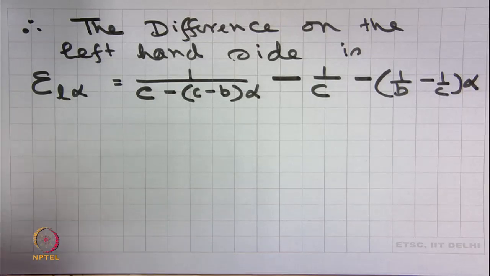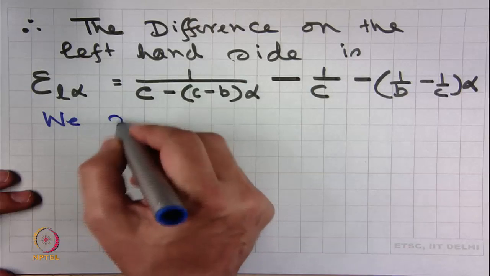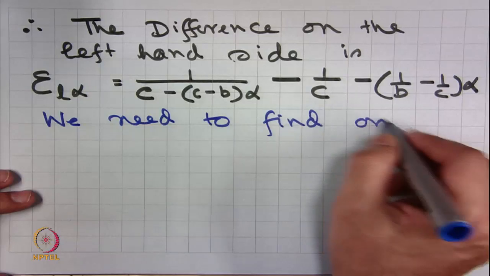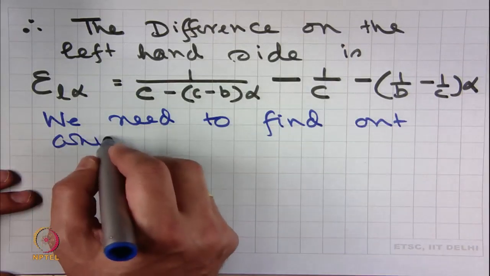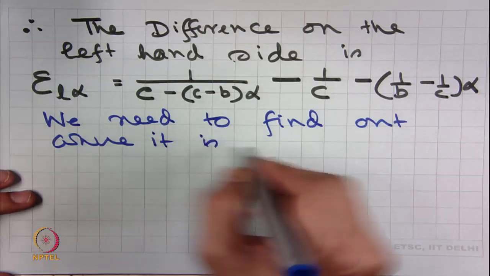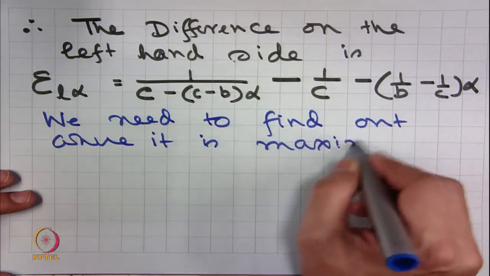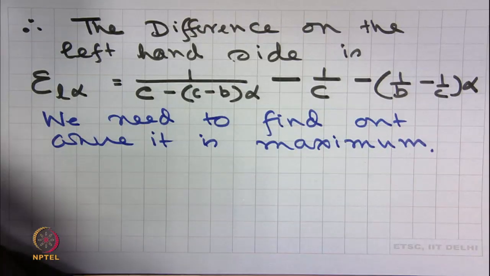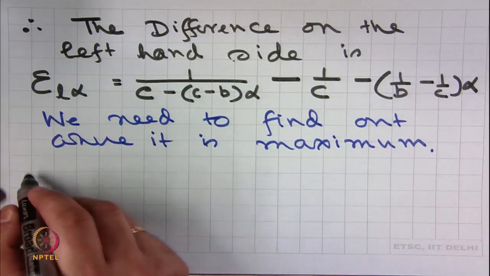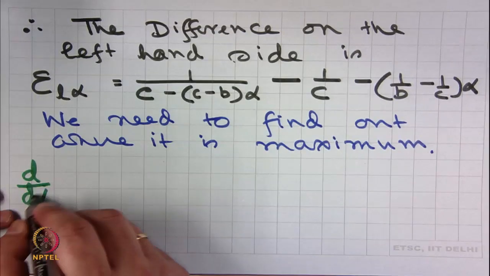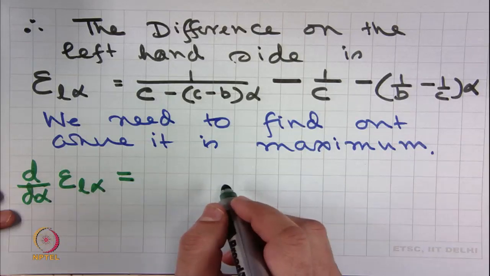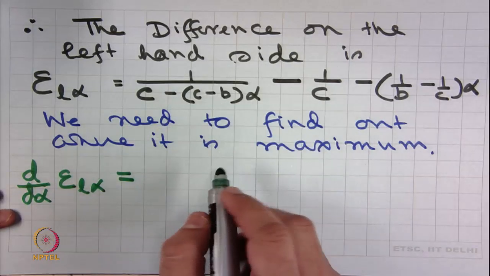We need to find out where it is maximum. So, we differentiate it with respect to alpha. So, I am differentiating this.